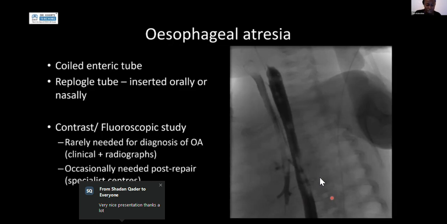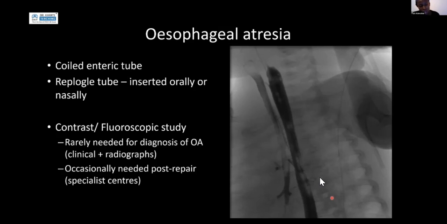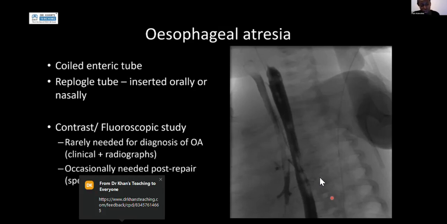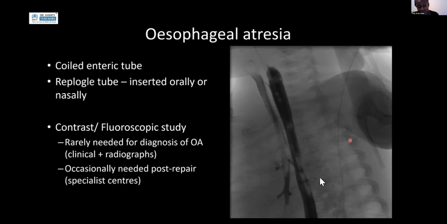I do them in a right lateral position, or slightly oblique, to try and lift the trachea off the esophagus. Then you're looking for a little fistulous tract, and contrast opacifying the trachea, which it shouldn't normally do. You have to be careful not to pull your NG tube too far back, because you can end up in the pharynx and then they're aspirating, and that's why you're outlining your trachea. But that's how I do them.